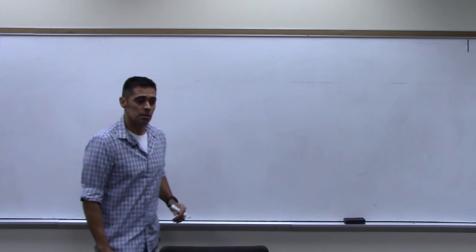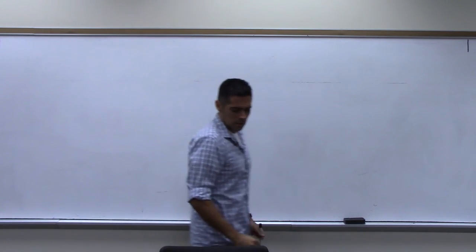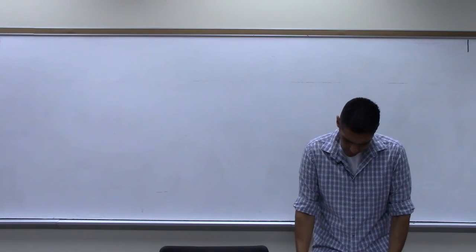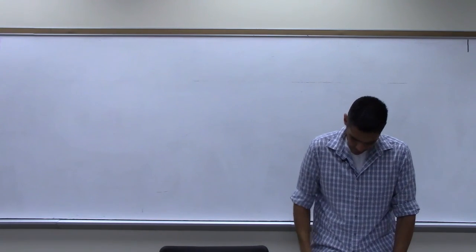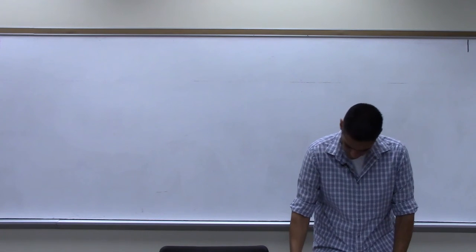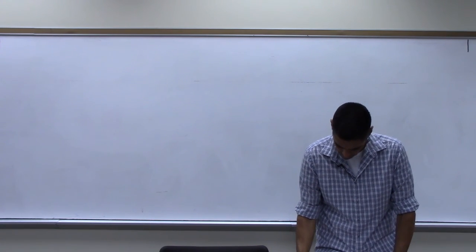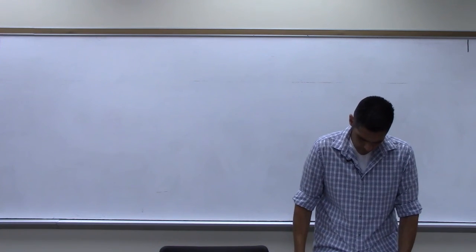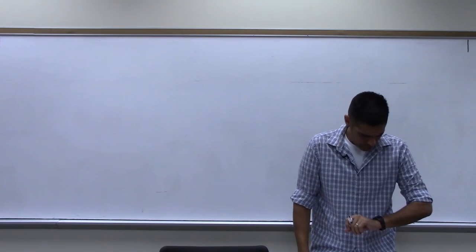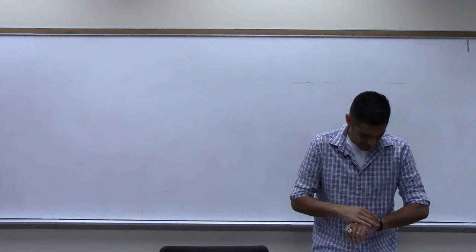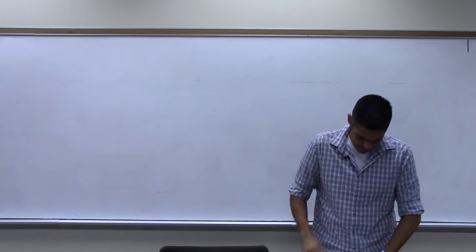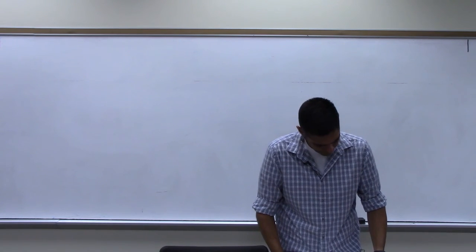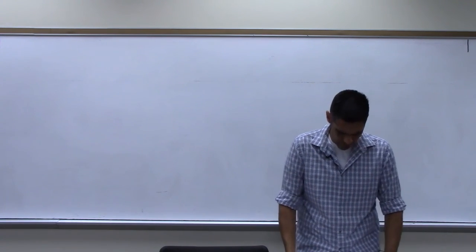Yes? I have a question on 1 for the graph on the homework. On the homework? Okay. What page? Page 55? 55. Okay. So it says use the graph to determine the values of the function, right? So which one of those did you have a question on?